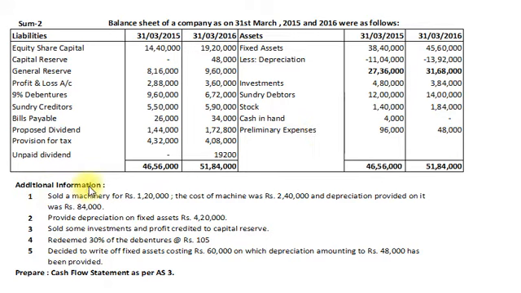Additional information. Number 1. Sold a machinery for rupees 1,20,000. The cost of the machine was rupees 2,40,000 and depreciation provided on it was rupees 84,000. Number 2. Provide depreciation on fixed assets rupees 4,20,000. Number 3.